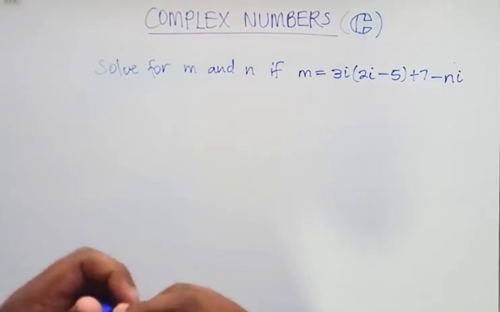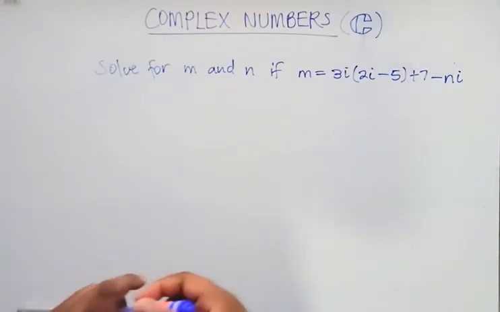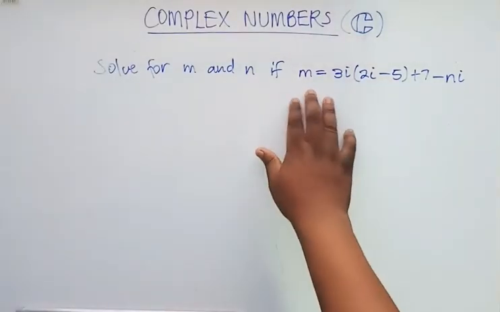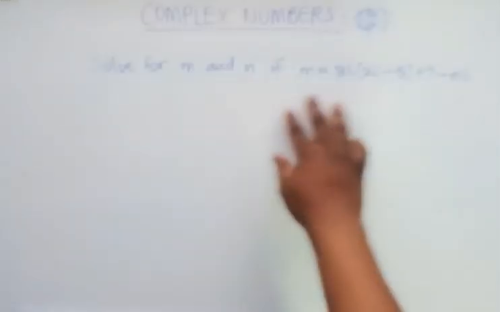So this is what we have. They want us to solve for m and n at the same time. They just gave us one long equation, and we have to solve for m and n.